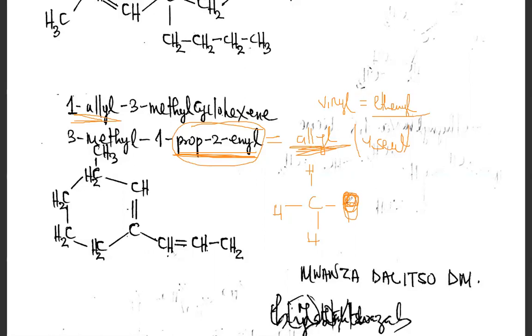So maybe this component that we are adding here is the main chain. Take for instance, this is maybe a benzene ring. If this is a benzene ring, it will be called methyl benzene. You get it? It's going to be called methyl benzene.